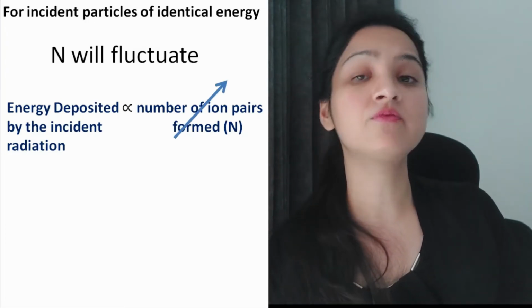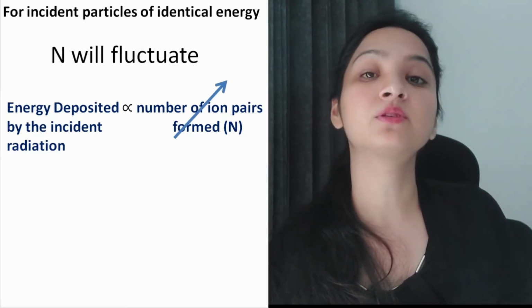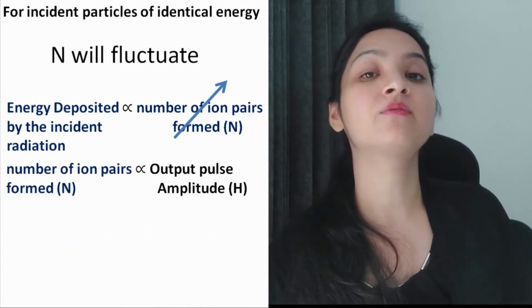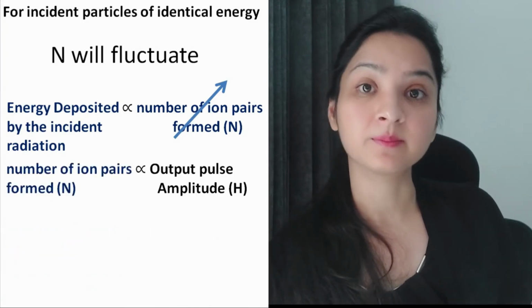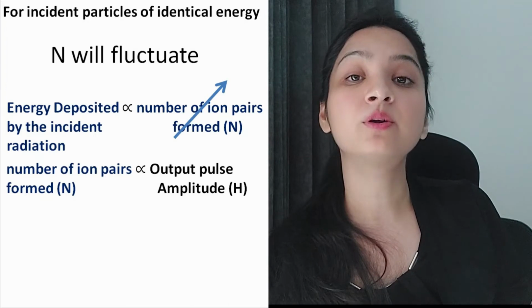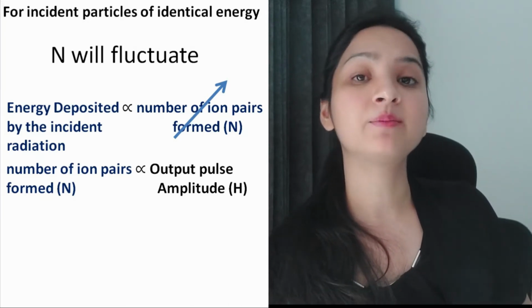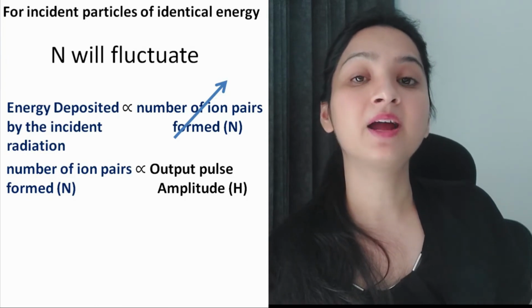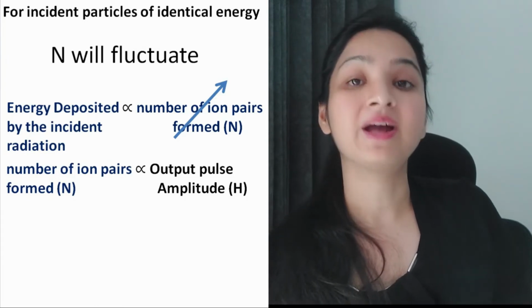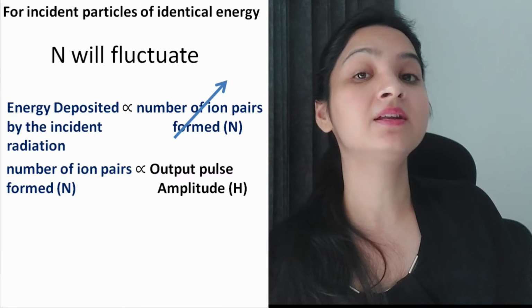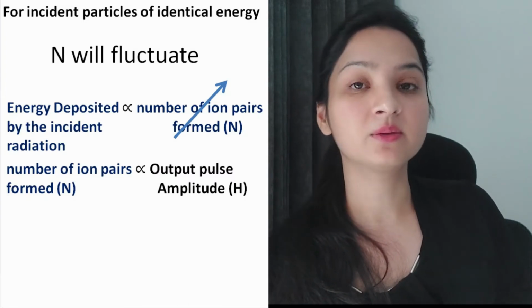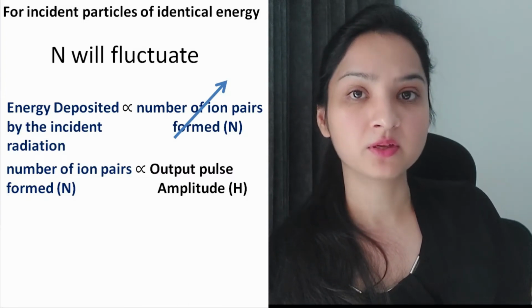Now this number of ion pairs is directly proportional to the amplitude of the output pulse that you will be getting. The amplitude of the output pulse each time will be proportional to the number of ion pairs that are created by each interaction of the radiation particle with the gas molecules or atoms that you are talking about.